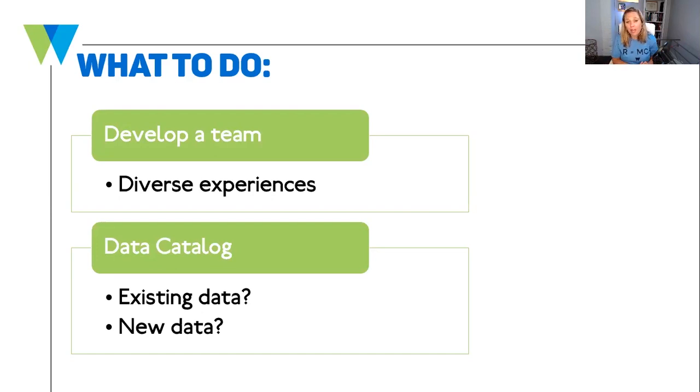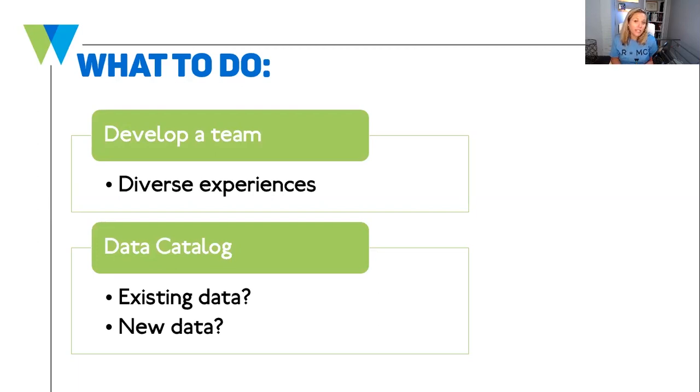And so the first step that your needs assessment team is going to do is a data catalog. It's figuring out what data we want to know about our problem. What do we want to know about our problem? And then is there data already out there that can answer that for us? So things like prevalence rates, health conditions, mental status, this might be data that's already out there in some archival data sets that you can access.